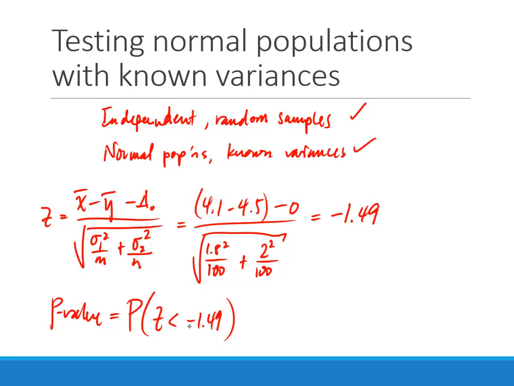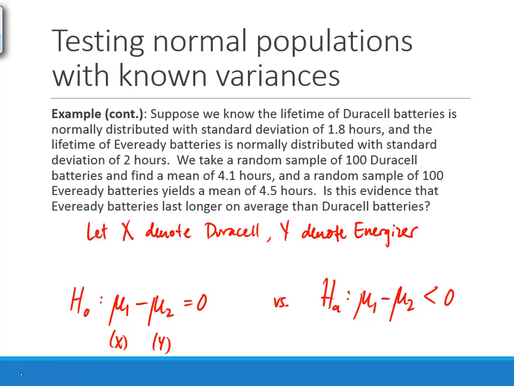Why do I have a less than? Right. So you want to make sure to match that up with the alternative hypothesis, because I'm looking at a less than, regardless of what my test statistic is. I want to make sure to use that inequality sign.